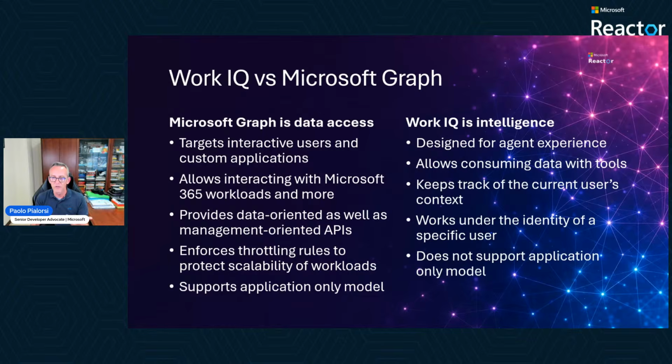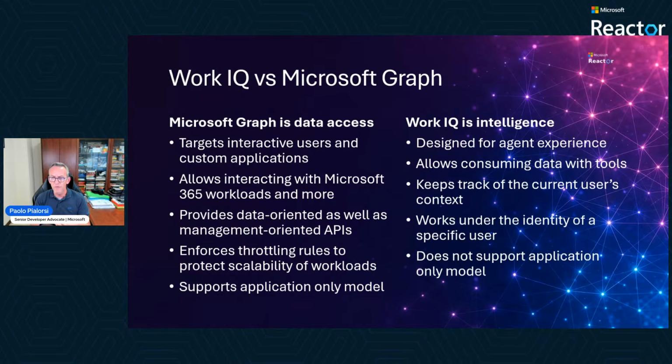So when you use Microsoft Graph, you make a REST-based request, and you retrieve the specific data that you requested. If it is 1,000, 10,000 items, you will need to do paging, but you will retrieve all of them, and it will be up to you to process all of them.